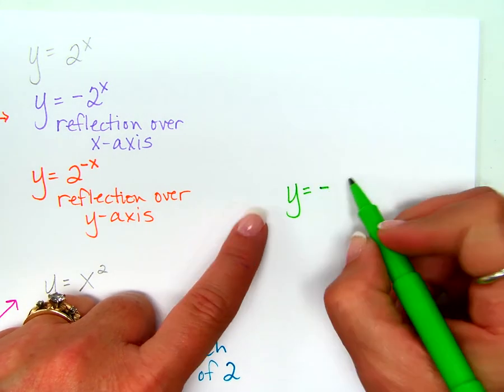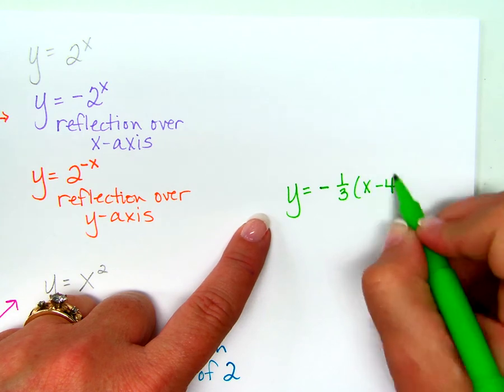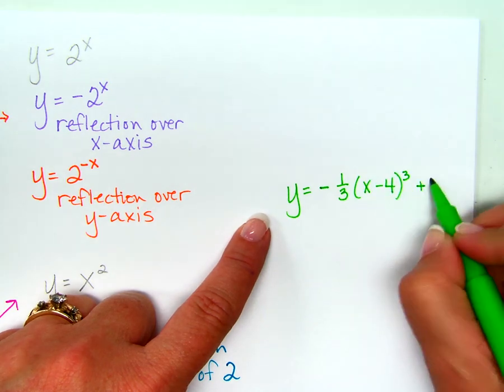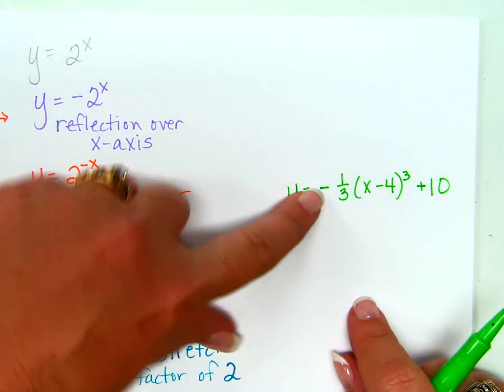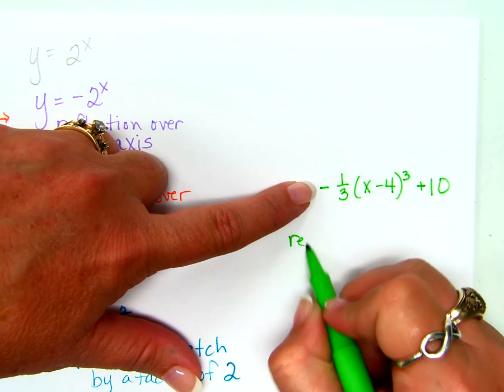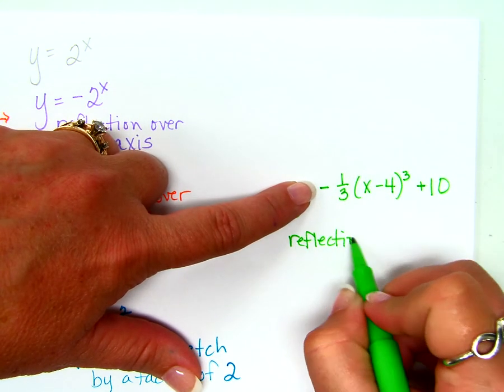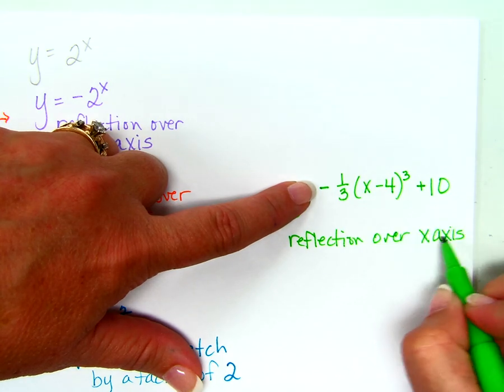y equals negative 1/3 (x minus 4) to the 3rd power plus 10. That's about as hard as I can make it right now. So start here. What does that negative cause? Reflection over the x-axis, right?